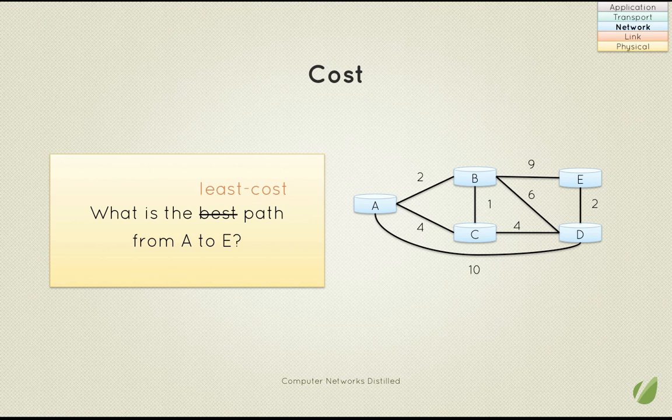So we imagine in this case that we are trying to find the path between 2 nodes, specifically A and E in this graph, whose complete path cost is the least. And if you look at this graph as a human being with intelligence, you can do some trial and error and figure out what the best path is. What we need to do is find an algorithm that will do that same thing. Find an algorithm that, given a graph, can find the least cost path between any 2 nodes.